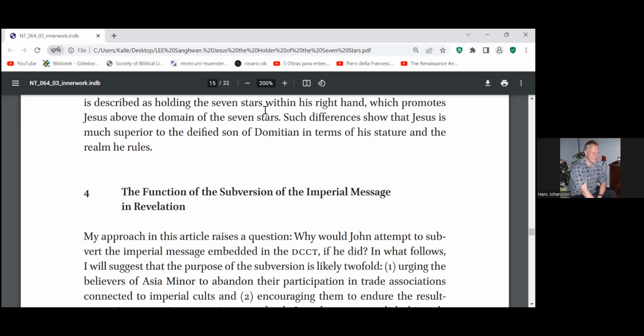Such differences show that Jesus is much superior to the deified son of Domitian in terms of his stature and the realm he rules.